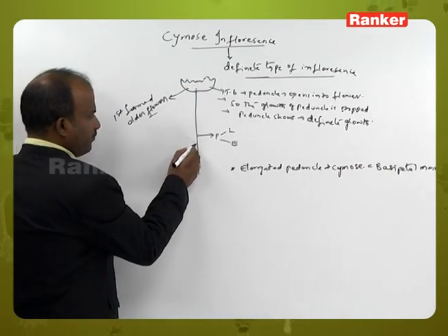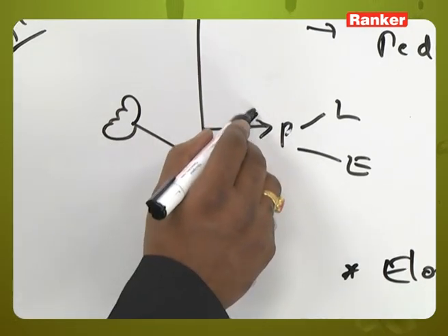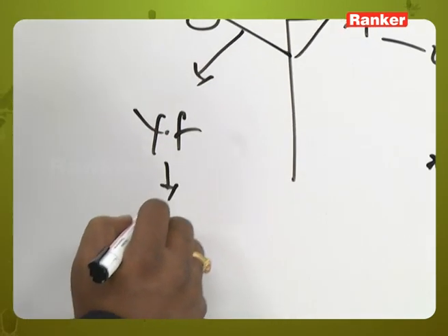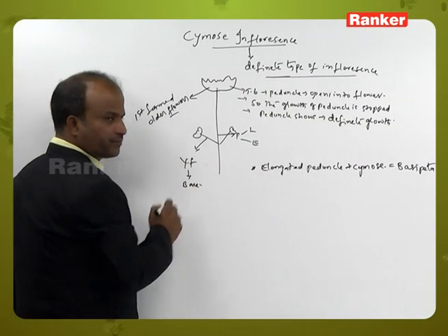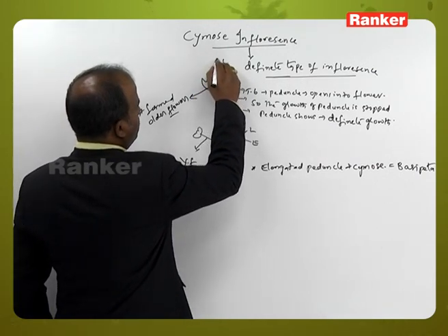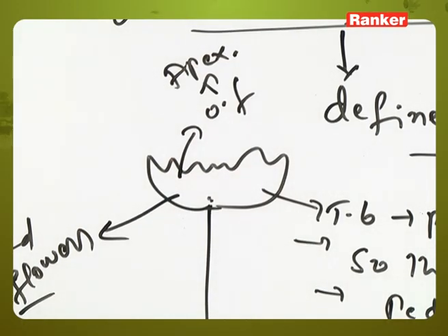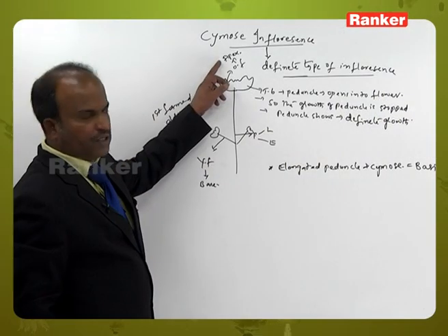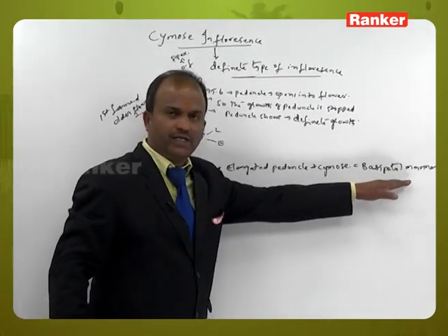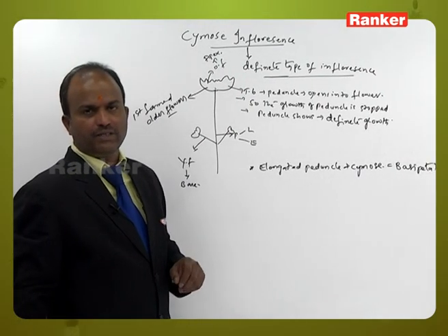For example, think these are the younger flowers. The younger flowers are present towards the base, and the older flowers are present towards the apex. This type of arrangement is basipetal.